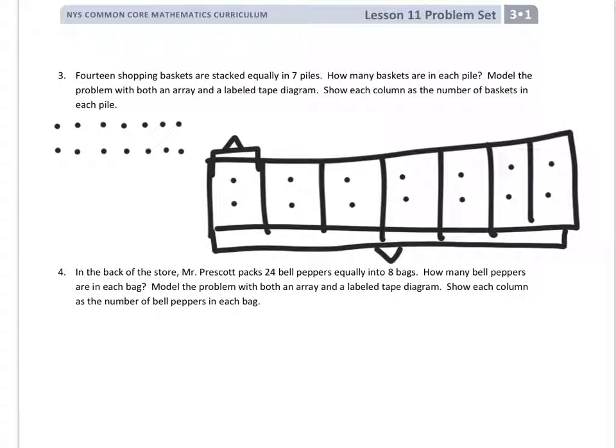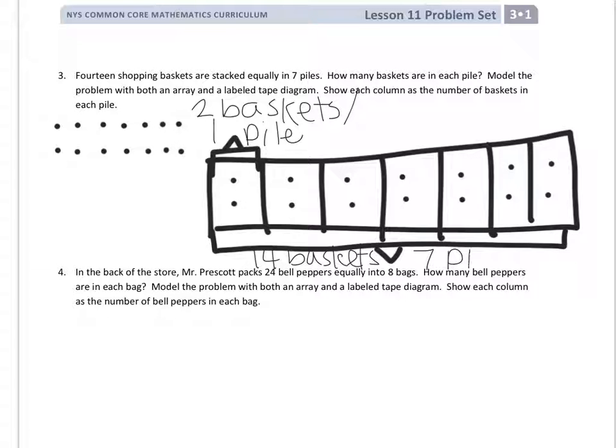It is my 2 baskets and 1 pile. So then what is the total down at the bottom? 14 baskets, 7 piles.